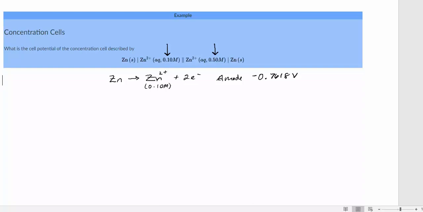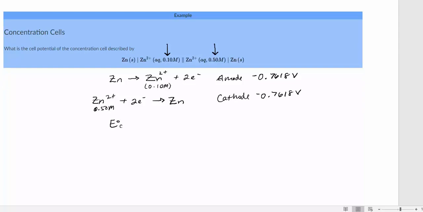And then I have my cathode. I'm going to put that concentration just below it just to keep track. And that reduces to form the solid zinc, and that is the cathode. And the cathode standard reduction potential is 0.7618 volts.